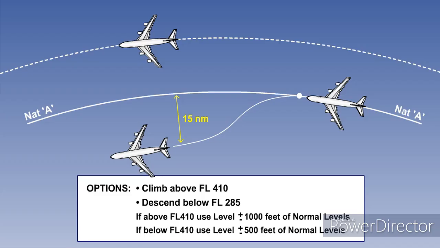The aeroplane should then maintain a flight level that differs from those normally used by 1,000 feet if above flight level 410, or by 500 feet if below flight level 410. However, if the pilot is unable or unwilling to carry out a major climb or descent, then any diversion should be carried out at a level 500 feet different from those in use within MNPS airspace, until a new ATC clearance is obtained.